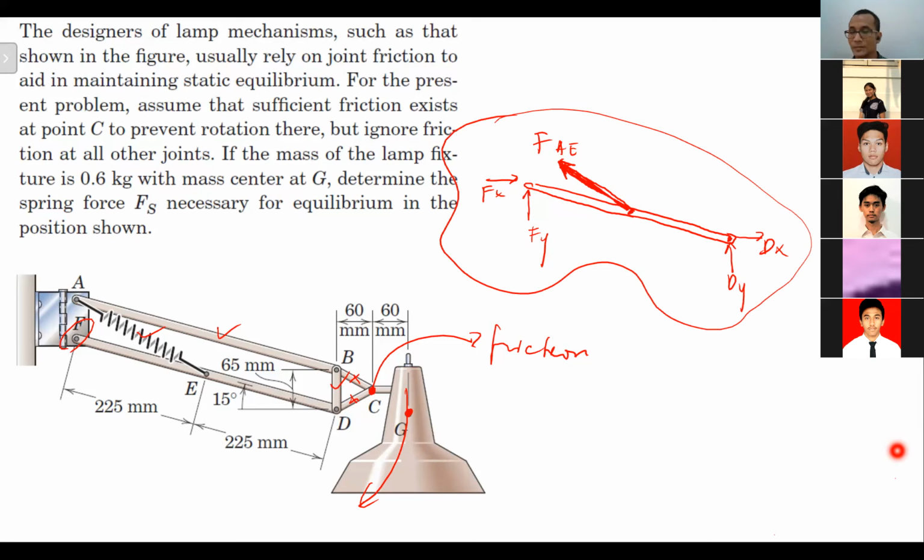The other free body diagram that I want to solve is this particular system, BDCG, those together. I assume those as one system. So this is what I will draw.